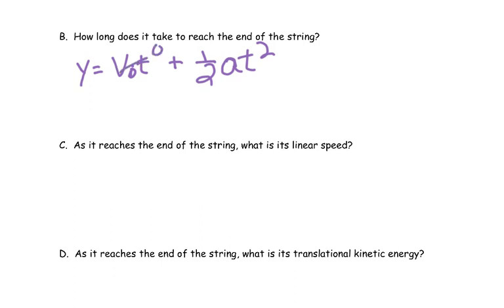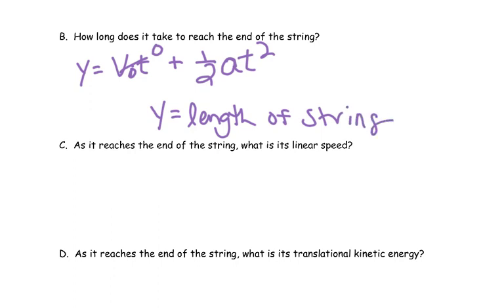It starts from rest, and y is the length of the string, because that's how far it'll fall. And then what's its linear speed at the bottom? That's just another kinematic equation. Again, the initial velocity is 0. And once you have that velocity, you can do the translational kinetic energy and all of that good stuff. Okay, yes, no, maybe?